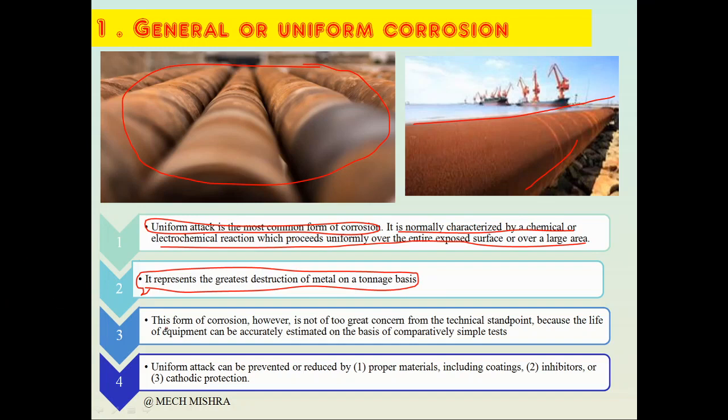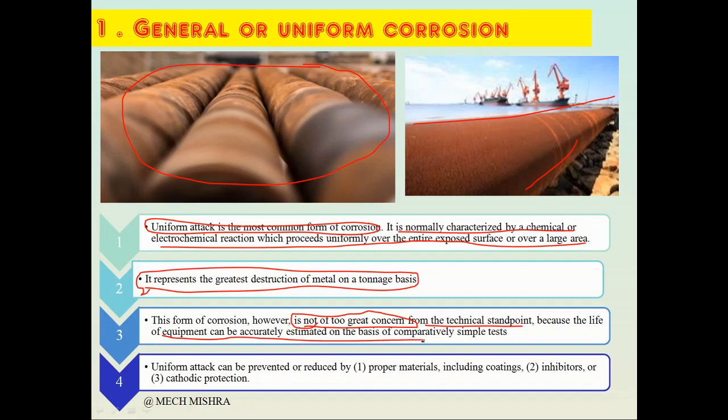This form of corrosion is not of great concern. Although it is the greatest form, meaning metal corrodes most by this type of corrosion, it is not a concern from a technical point of view, because the life of equipment can be accurately predicted on the basis of a comparatively simple test.